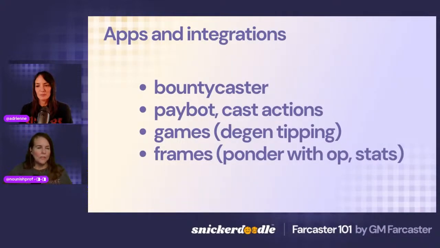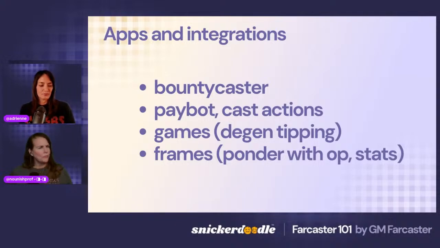And a few other apps and integrations. A lot of the meme coins that we've talked about are also integrated in other apps and frames that you'll find on Farcaster that have been built on Farcaster, like Bountycaster. You can launch bounties in different token denominations, like Hire, like Degen.